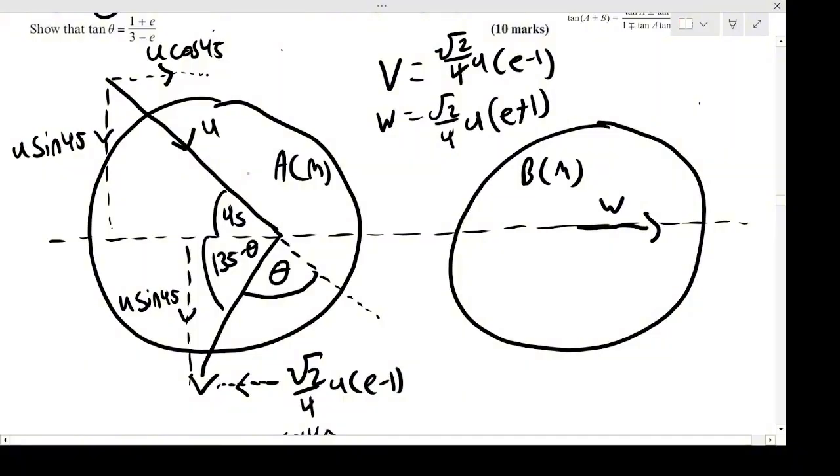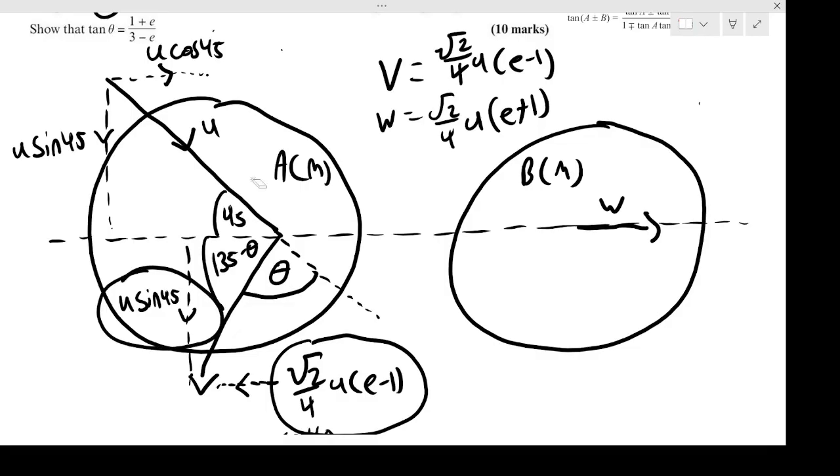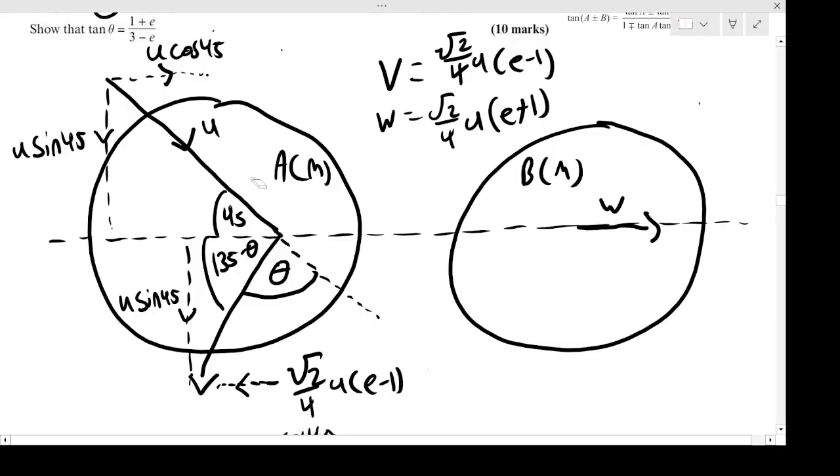So I have my parallel component afterwards, and I have my perpendicular component afterwards, okay? So we can consider the triangle we get afterwards, okay? So the angle afterwards is 135 take away theta. Again, please don't get confused. This theta is the angle of deflection. That's not what we're interested in. The angle afterwards is 135 take away theta.